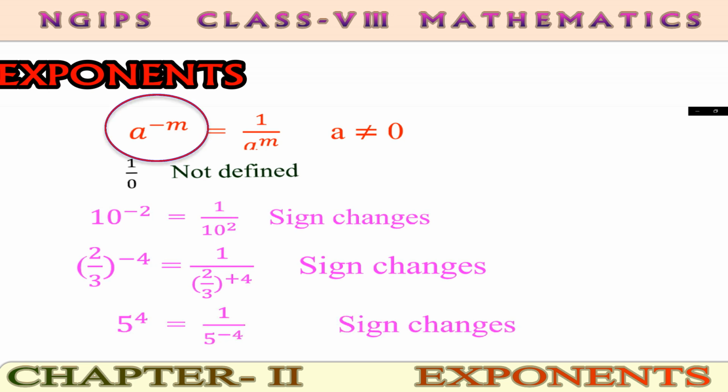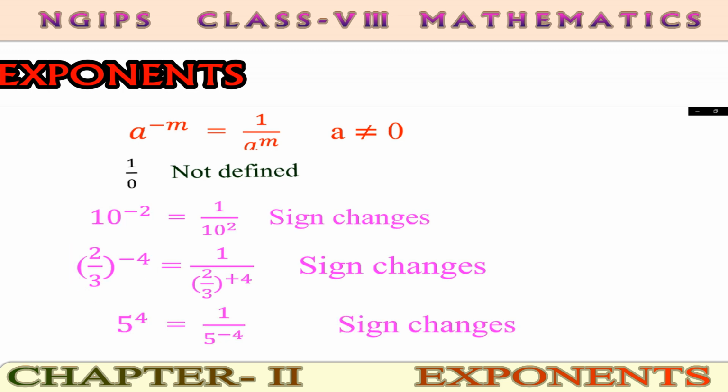There is a very simple trick we need to understand here. Consider 10 raised to minus 2. When we have to write it as a positive exponent, it's equal to 1 divided by 10 raised to 2. So all we did here is change the sign of the exponent and write it under 1. Now consider 2 by 3, the whole raised to minus 4.